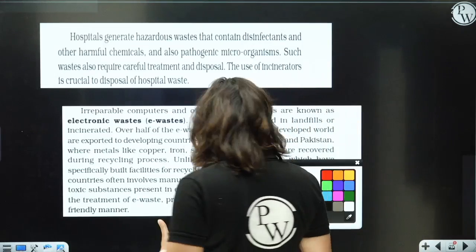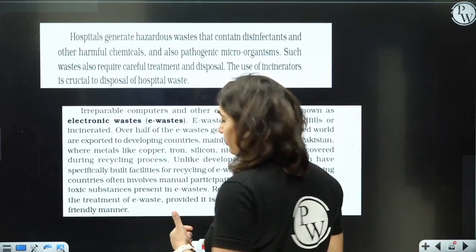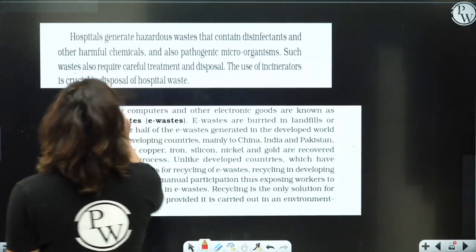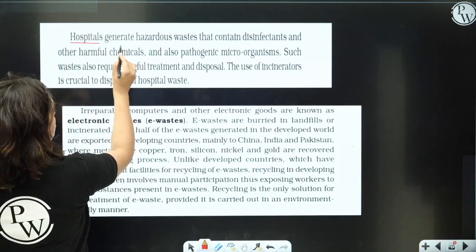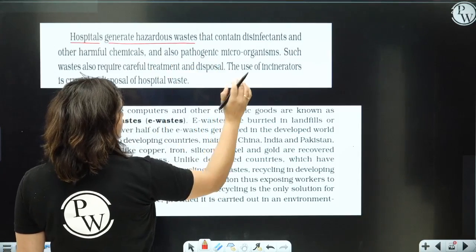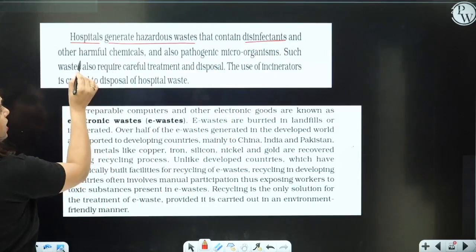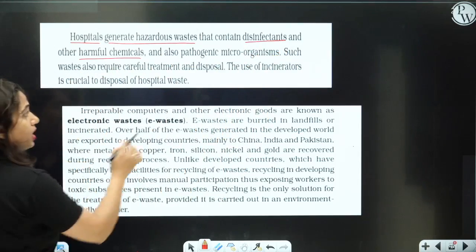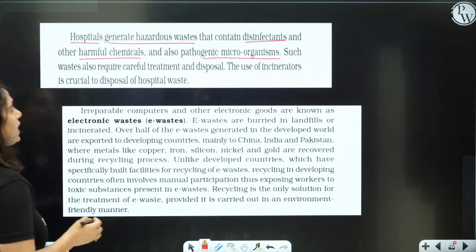Now, there are several other wastes which are generated by other sources, like hospitals. Hospitals generate hazardous waste, and hospital waste contains disinfectants, other harmful chemicals, and pathogenic microorganisms also.